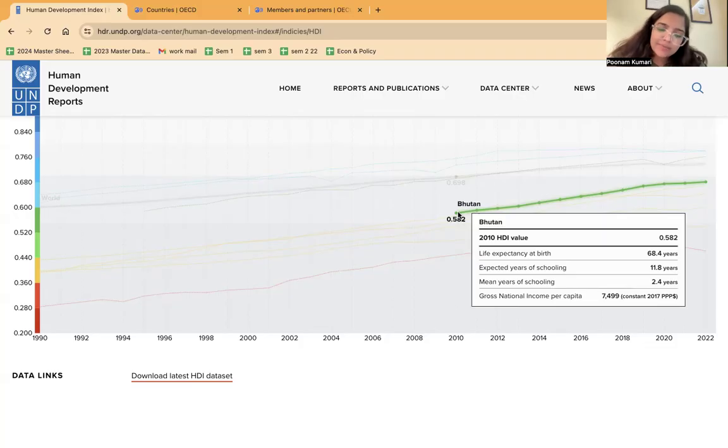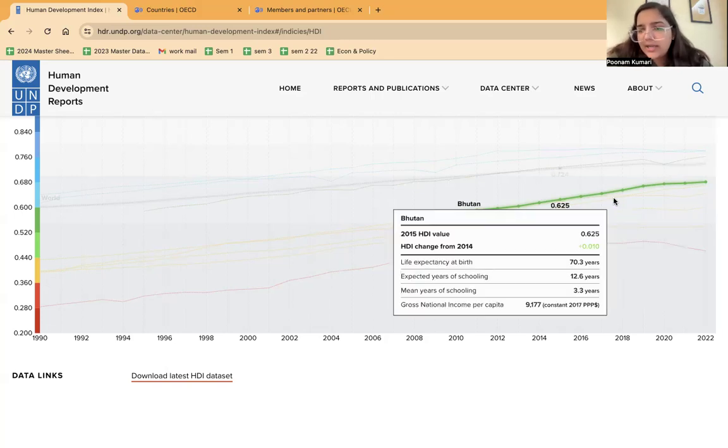And their first democratic elections happened in 2007. All the different sorts of governments which have been democratically elected, all of that happened in 2011. So basically, only after that did data become available to us, right? So their life expectancy is 68 years in 2010 and all these numbers.